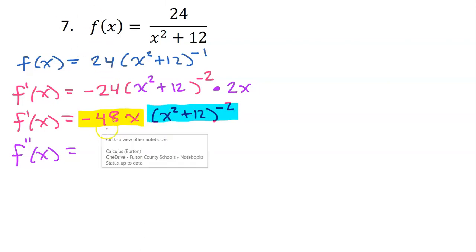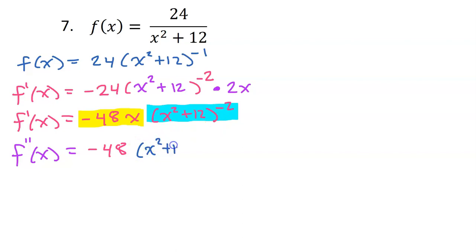We will take the derivative of the first function first. So the derivative of this yellow function is simply negative 48. And this first time through, we copy down the second function unchanged. So I'm just going to write x squared plus 12 to the negative 2 power. And then I do plus.